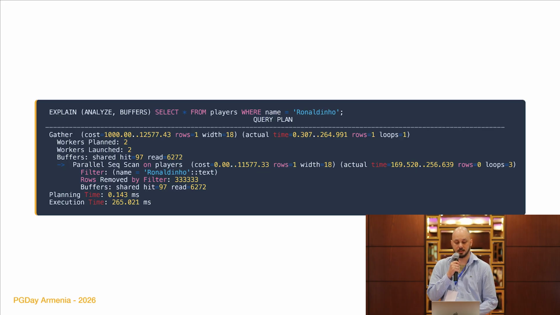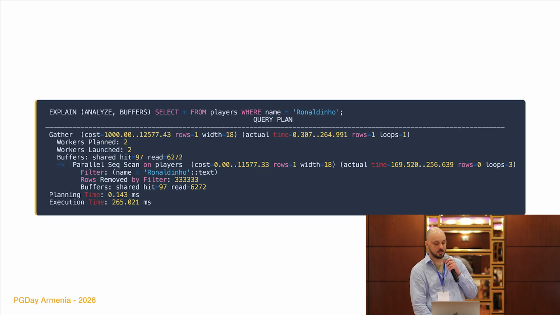And the main thing here I want you to understand and to pay attention to is the buffers part over there. It shows how many pages were read from the heap. And I'm using explain analyze here, so this is actually running the query and collecting the costs.